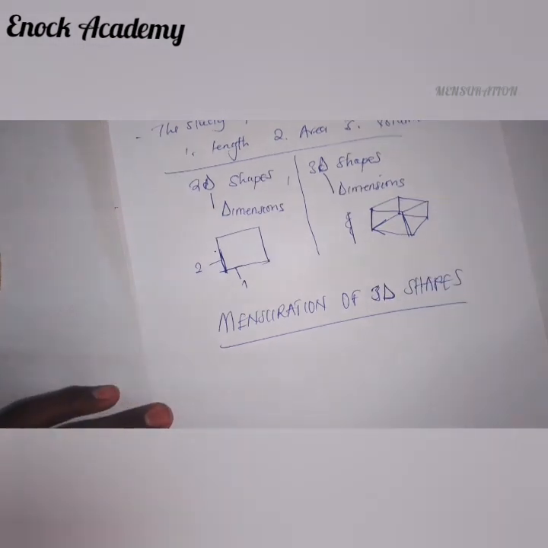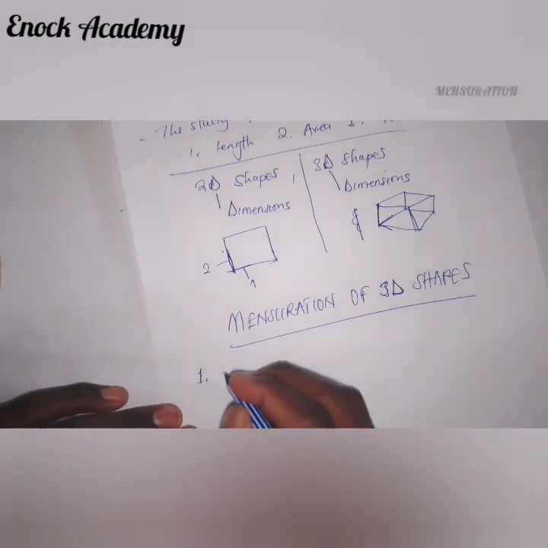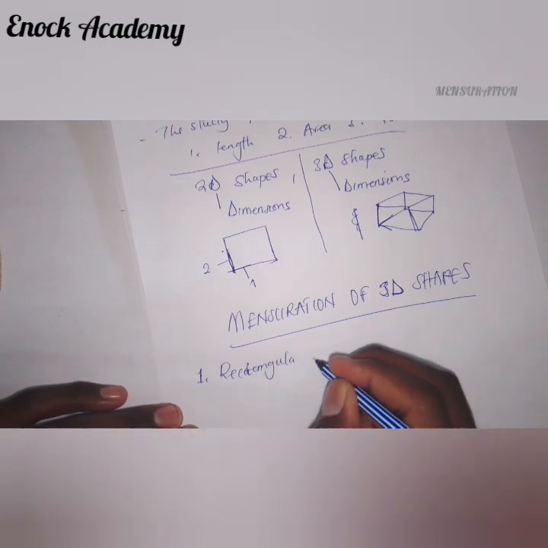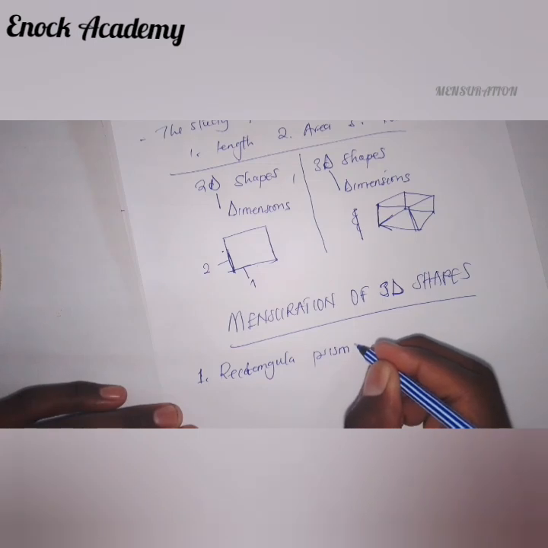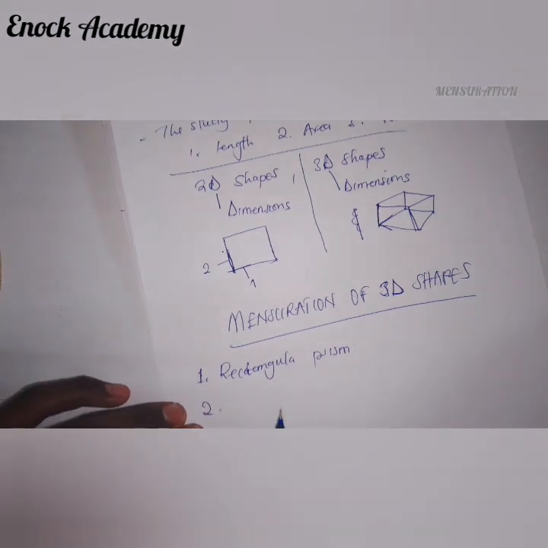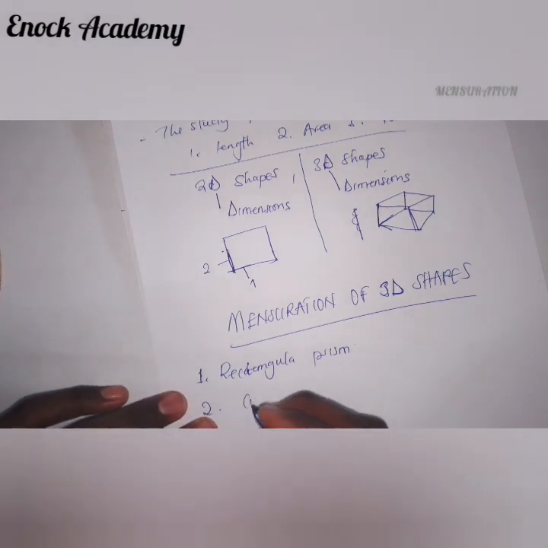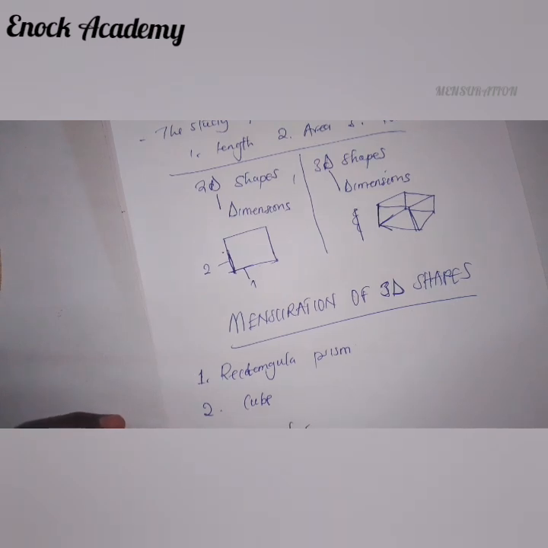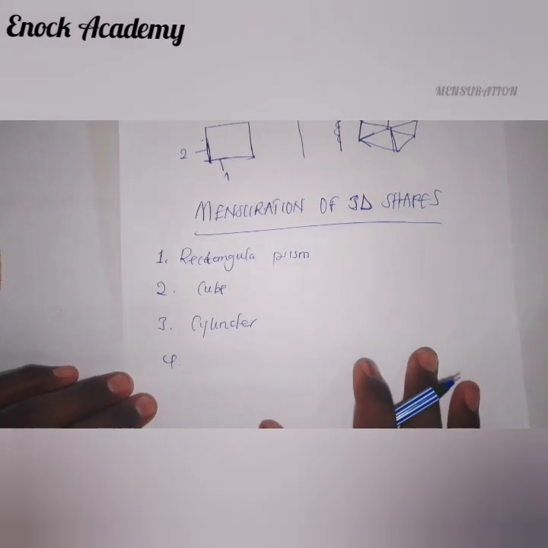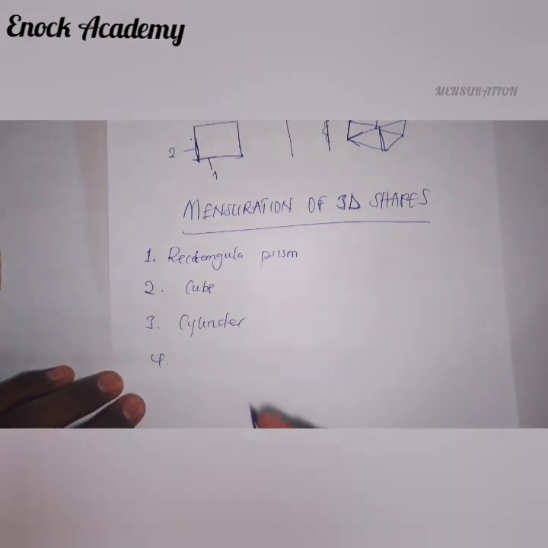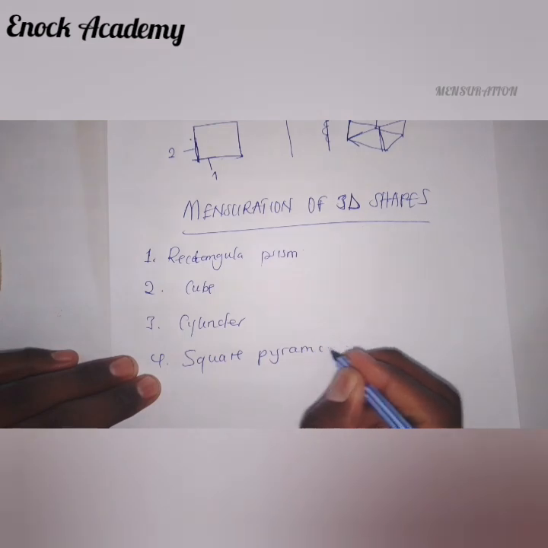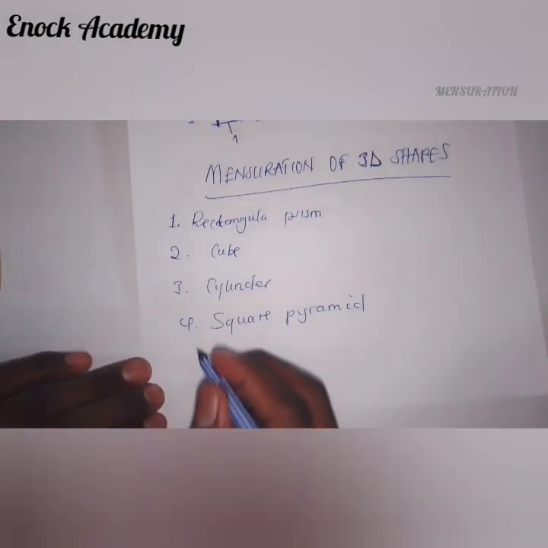Under 3D we have the rectangular prism, two, the cube, three, the cylinder, four, the square pyramid, and also the cone.